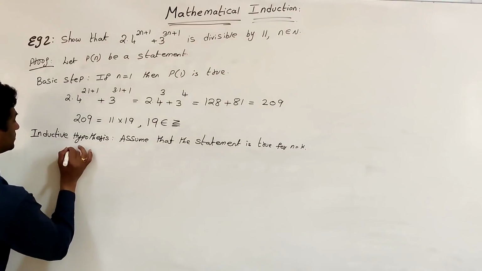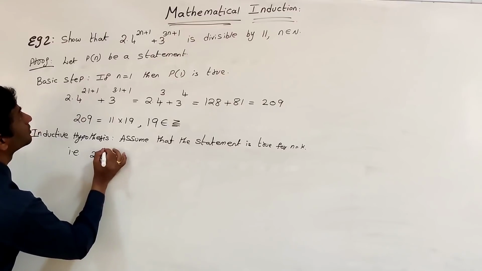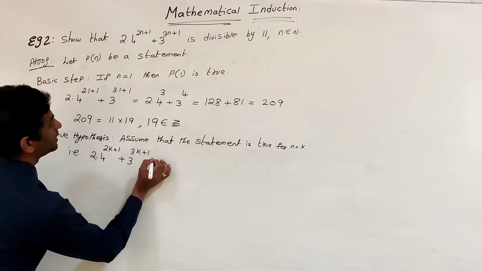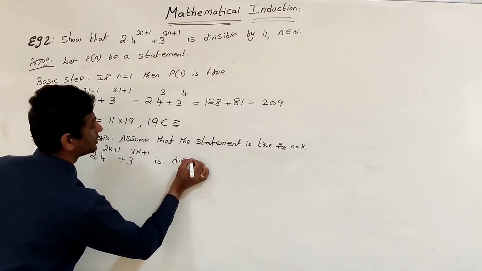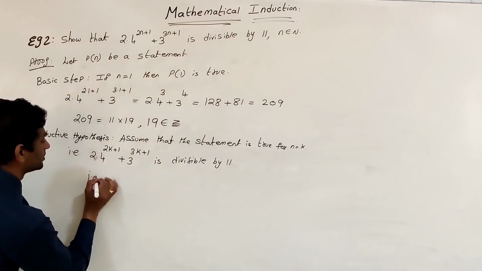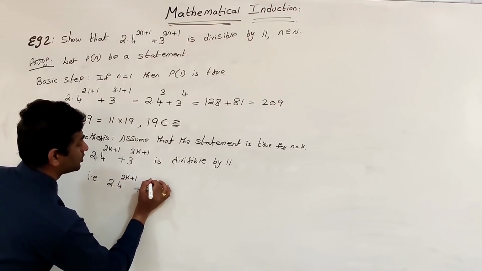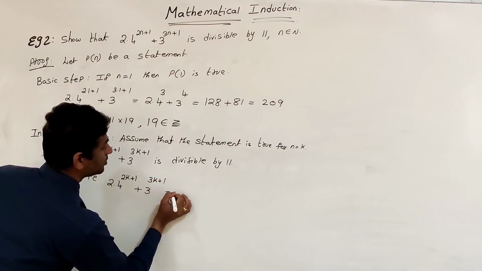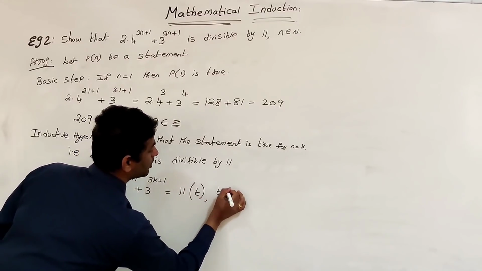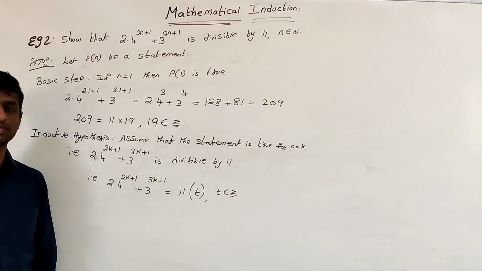That is, 2 into 4 to the power of 2k plus 1 plus 3 to the power of 3k plus 1 is divisible by 11. So that is 2 into 4 to the power of 2k plus 1 plus 3 to the power of 3k plus 1 is equal to 11 times of an integer t, where t belongs to an integer. Means this is a multiple of 11, or 11 is a factor of this.